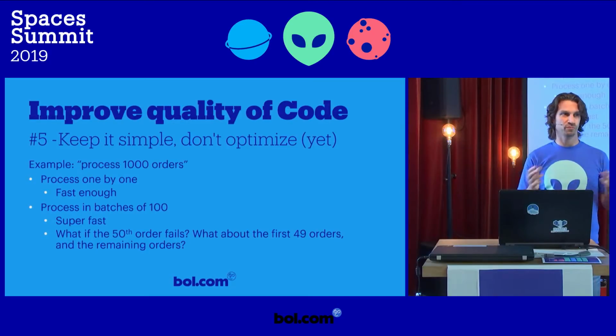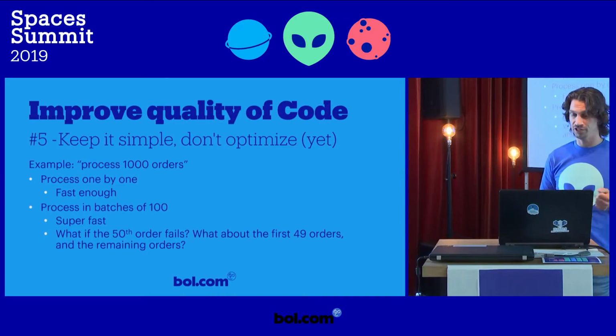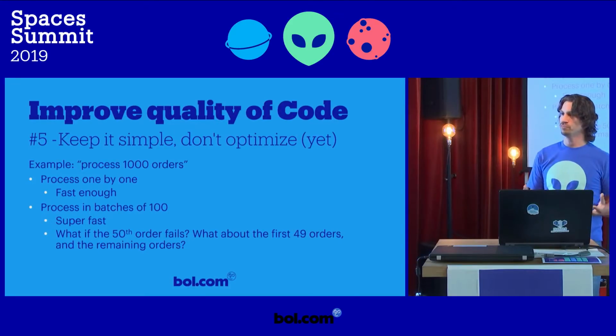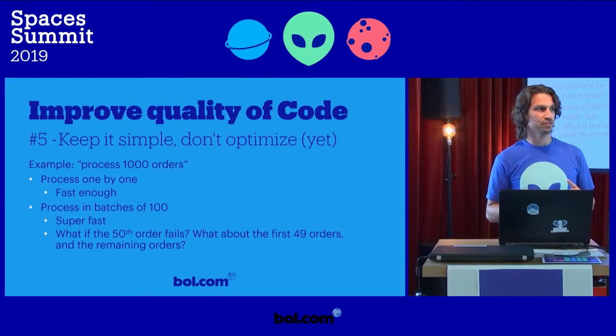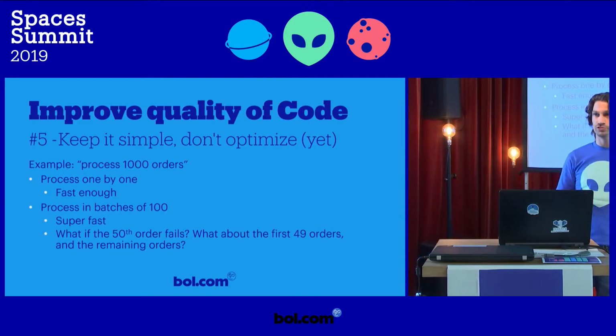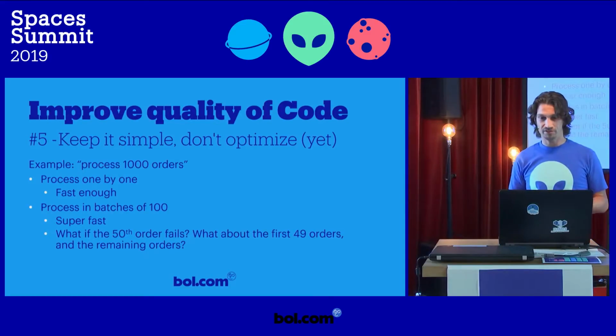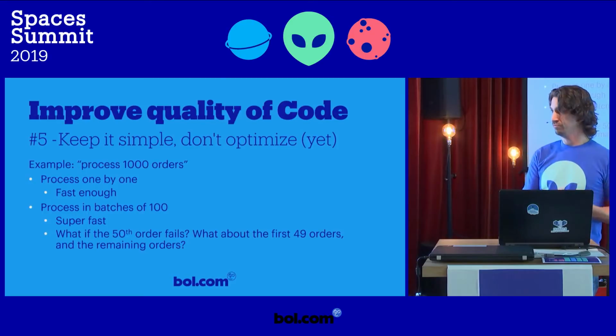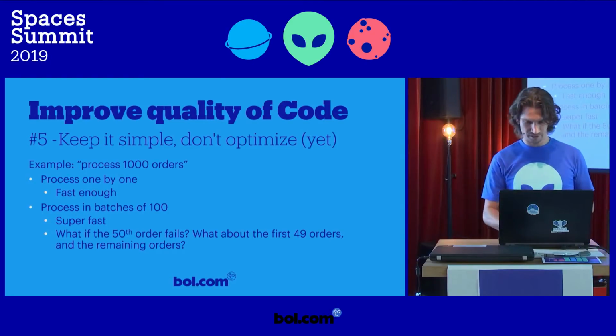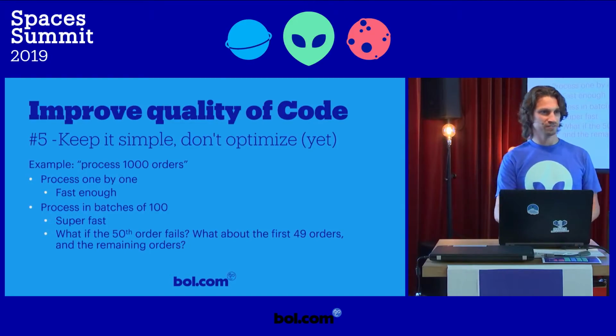What are we going to do then with the first 49 orders? And what are we going to do with the remaining orders? Of course, you can solve this, but the point is, by adding this batched processing, you might be adding more complexity to your solution. And if that's not necessary, then it might be a good idea to opt for the more simple solution. Right? Does that make sense?